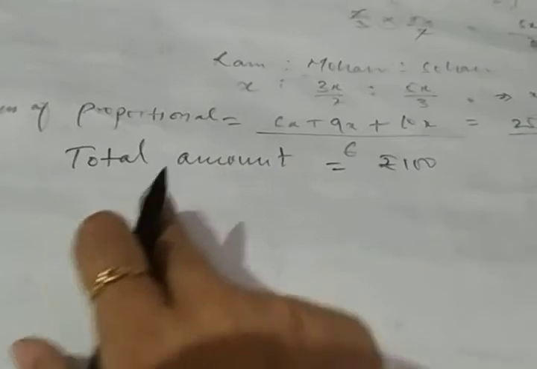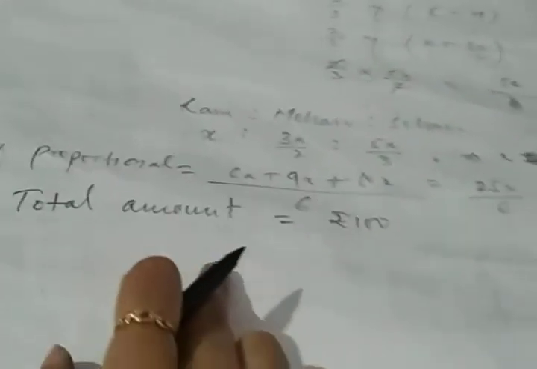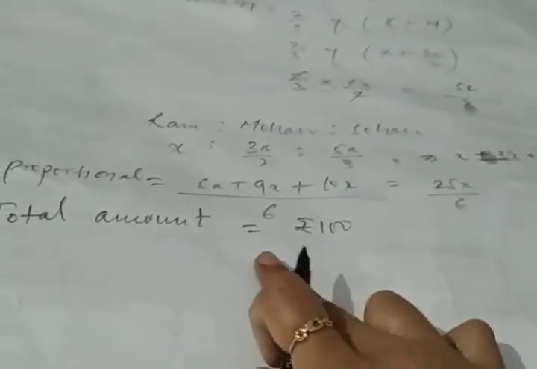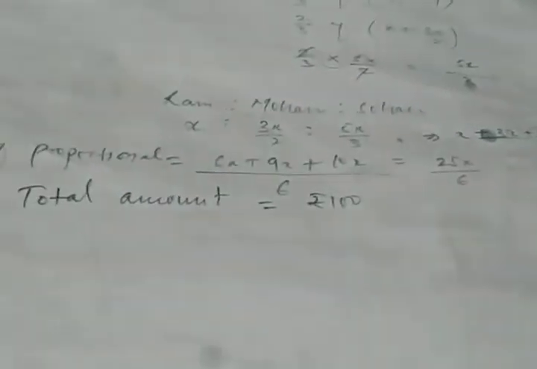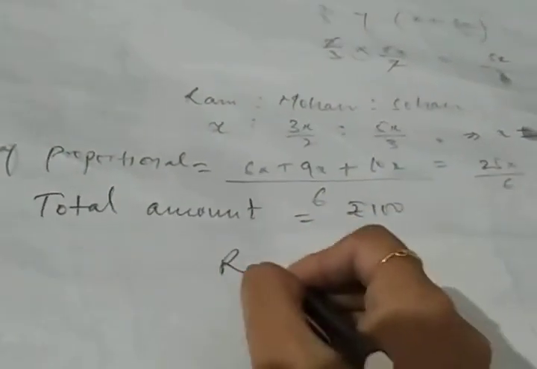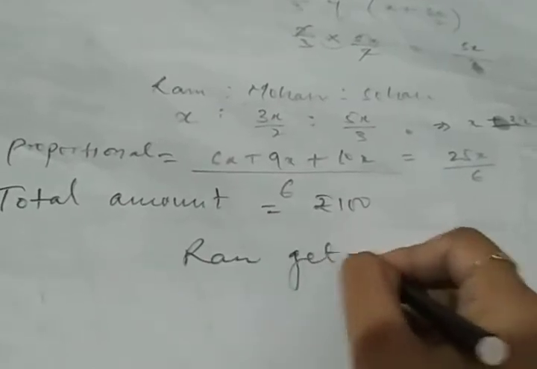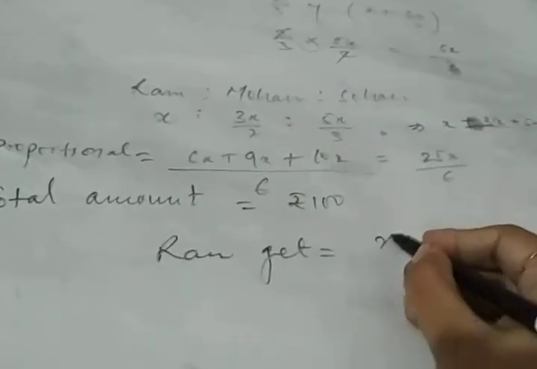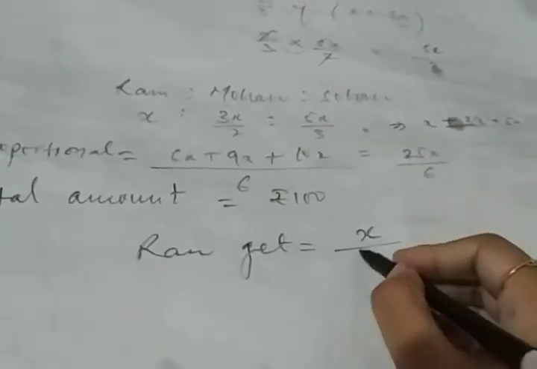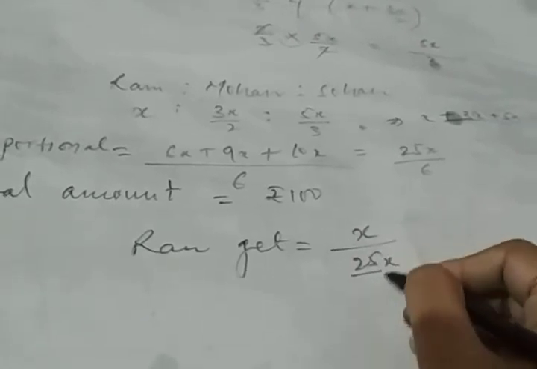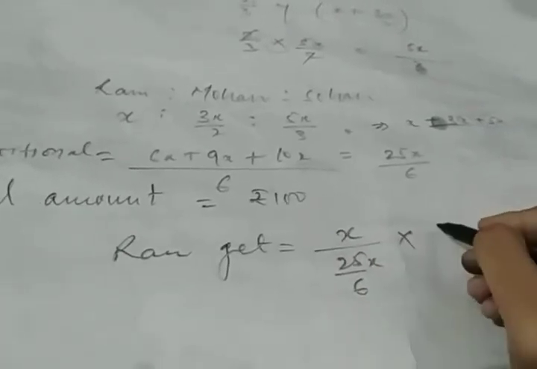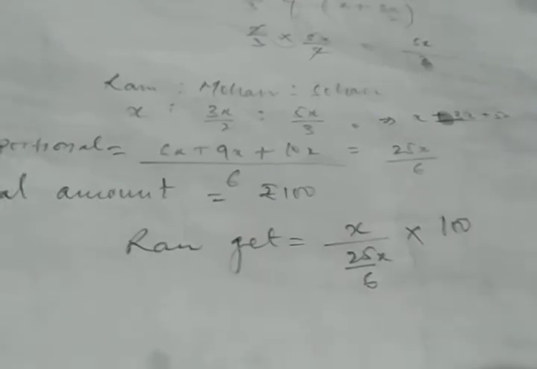Total amount to be divided is rupees 100. This amount is also given in the question. So Ram's value is x, the sum of the proportion is 25x/6, and the amount to be divided is 100.